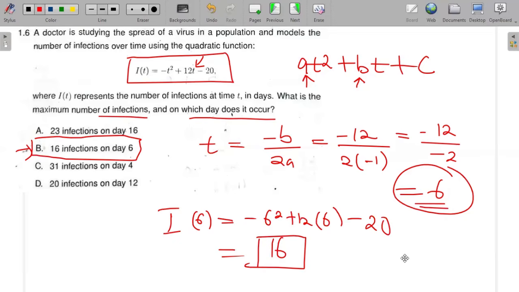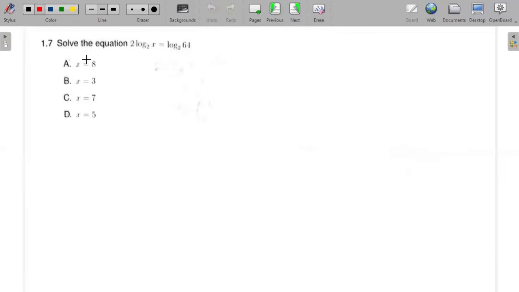Okay, so if there are no questions, let's move on to the other part. This is question 7. So here they're saying solve the following equation: 2 log base 2 of x is equal to log base 2 of 64.